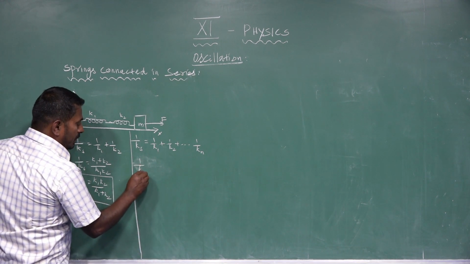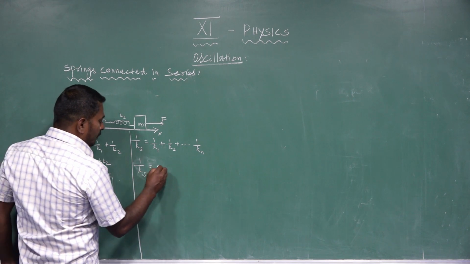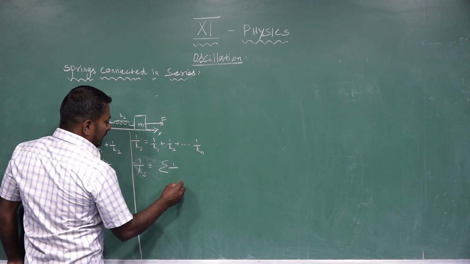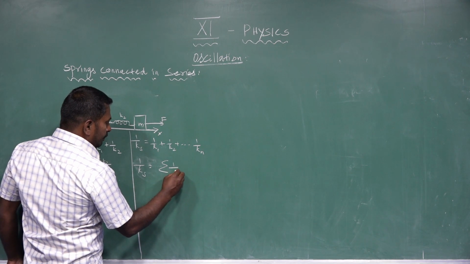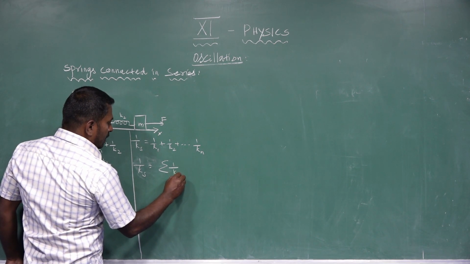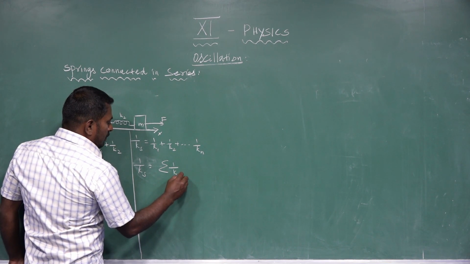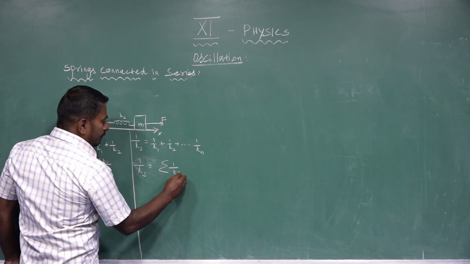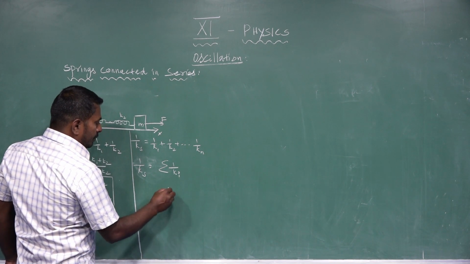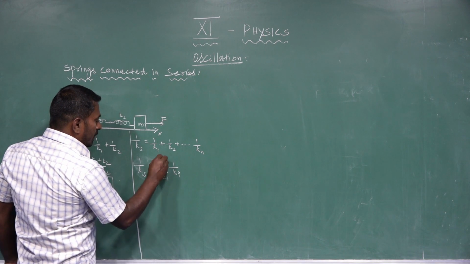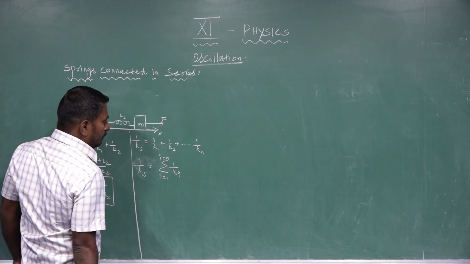Therefore, 1 divided by Ks is equal to the summation of 1 divided by Ki, where i goes from 1 up to n.